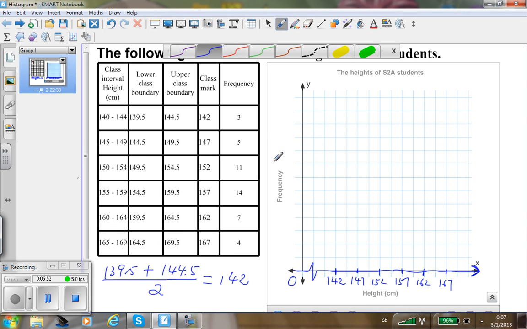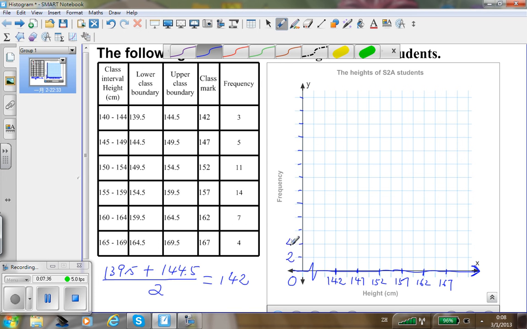For the frequency on the vertical axis, as we can see, the values are not very big, so we do not need to skip values. Let's see, we can count it first. When you count, you will see that they are not enough, because the highest frequency is 14. So we had better use 1 square to represent 2.